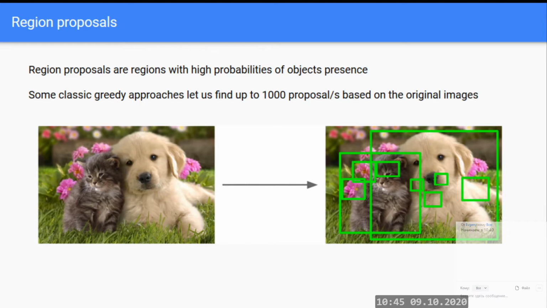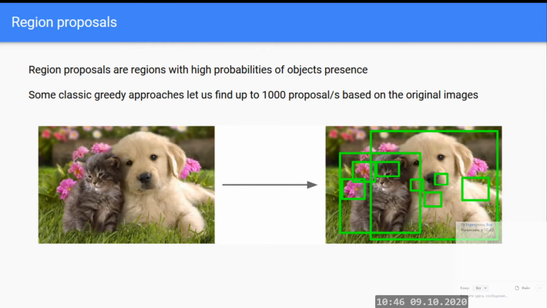We can just resize the region candidates from the image to some predefined size, like 200 by 200 in the RetinaNet case, and apply our classifier to get the probabilities. And after that, we can just sort all the regions by the probabilities, apply a non-maximum suppression post-processing function, and get all the objects present on the image.